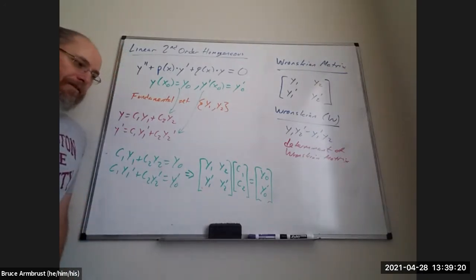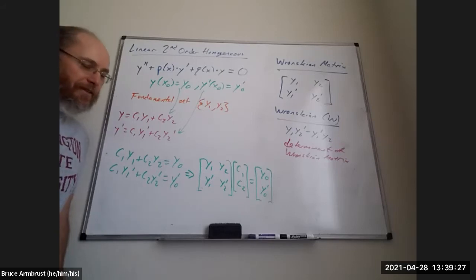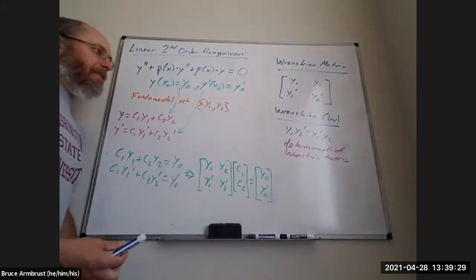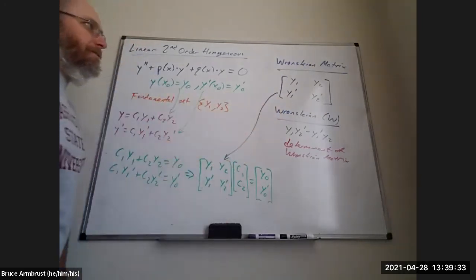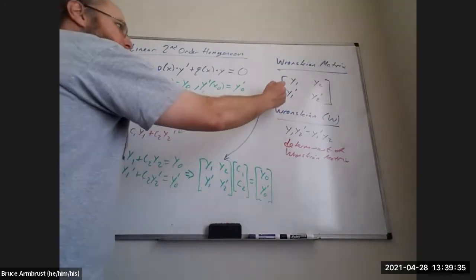That's where it even comes up. The fact that someone was able to name that after themselves, good on you, I guess, but I just want you to notice that that's exactly what this is. That's the Wronskian matrix.